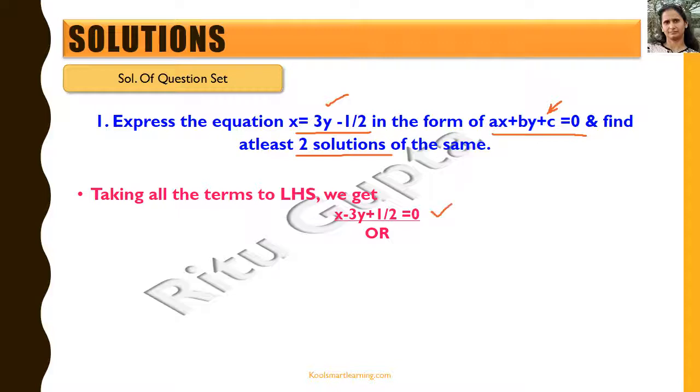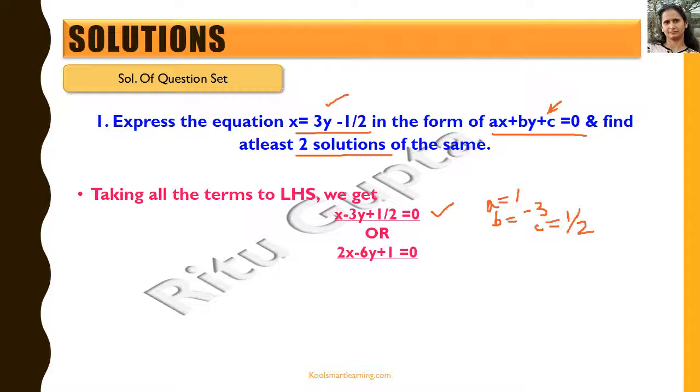So now this itself, x minus 3y plus half, is in the form of ax plus by plus c equal to 0, where we can say a is equal to 1, b is equal to minus 3, and c is equal to half. So by just taking this to the left hand side, we got the equation in the standard form.